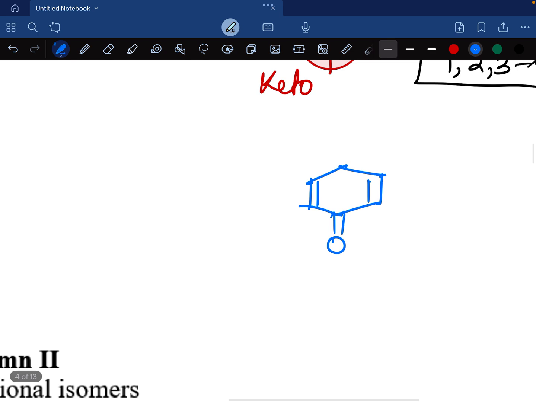Now if I see the system, this is 1, this is 2, the third carbon is not sp3, it is sp2. Here also the third carbon is sp2. So this carbon will not be able to undergo keto-enol tautomerism. We go ahead to the fourth carbon, then the fifth carbon. The fifth carbon is sp3 hybridized and also has hydrogen.